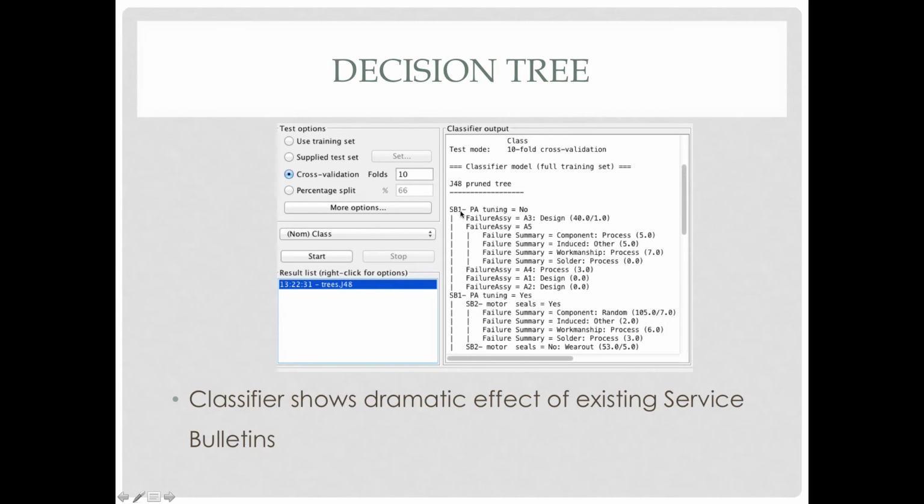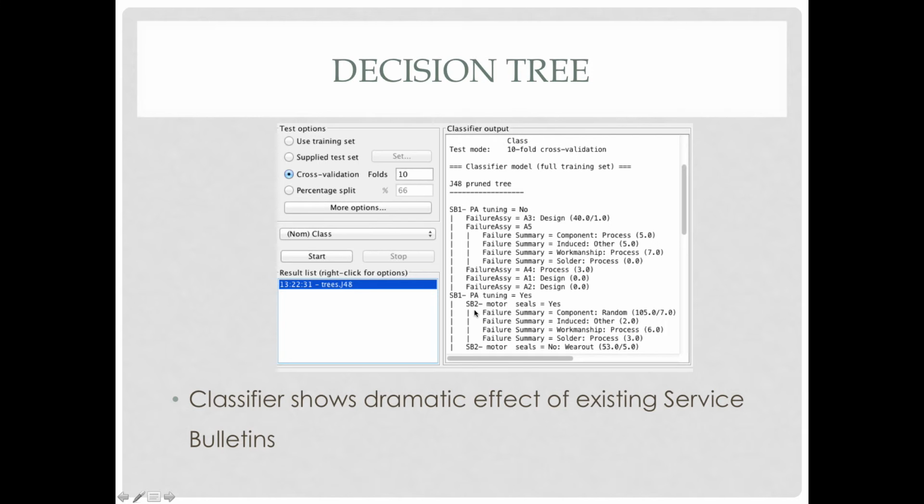If we follow these branches for SB1, what this means is if Service Bulletin 1 is not installed, then a very likely outcome is a design failure on the A3 card. It just so happens that Service Bulletin 1 implements a design fix on the A3 card, optimizing the tuning of the power amplifier on that assembly.